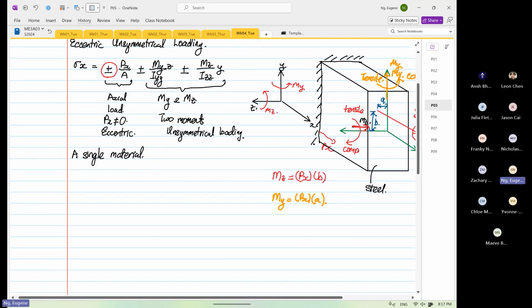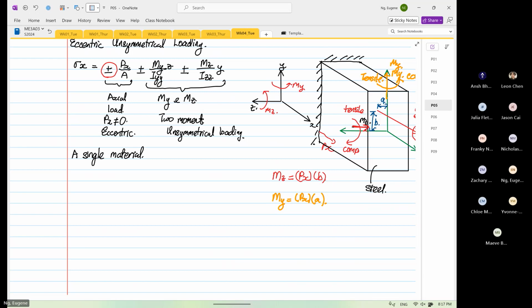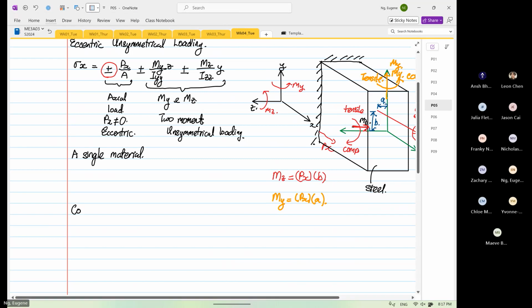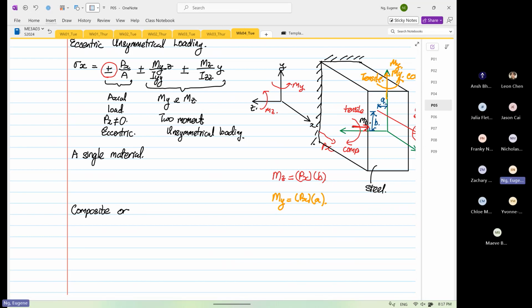Now I'm going to incorporate this topic by looking at a composite, or sandwich material.